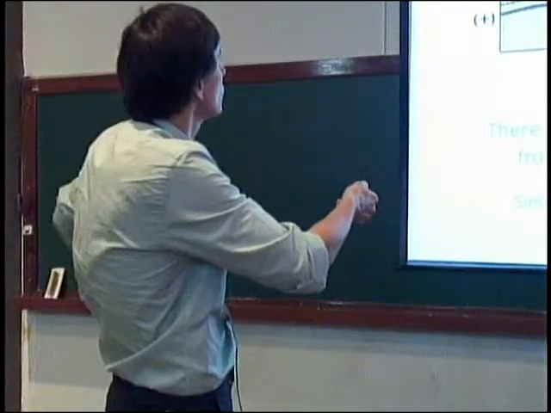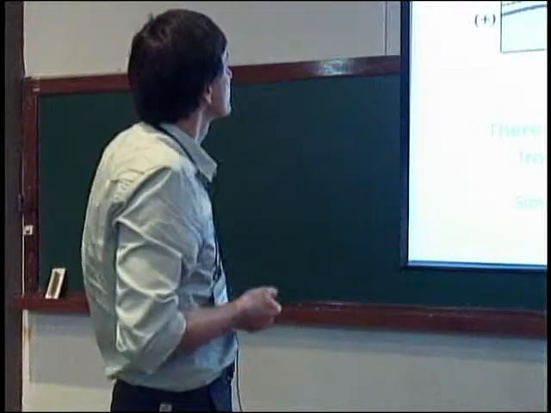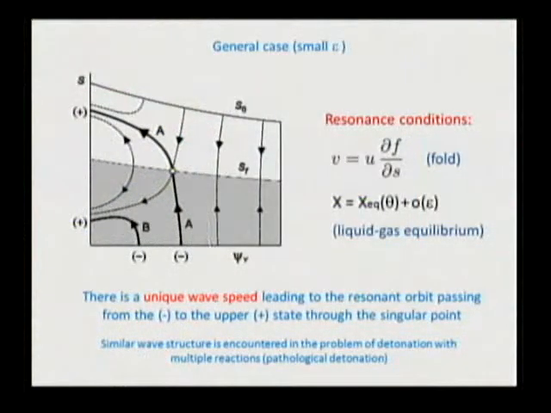It's exactly on a fold, and it represents a saddle fixed point. So there is one curve which enters and one curve which exits. Again, we can prove that this point is determined by this resonance condition. So the speed of the whole wave equals, at that specific point, the characteristic speed of the flow.